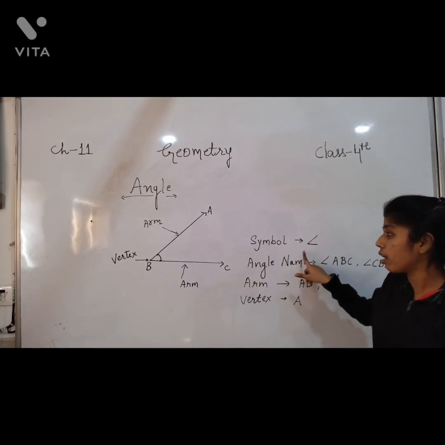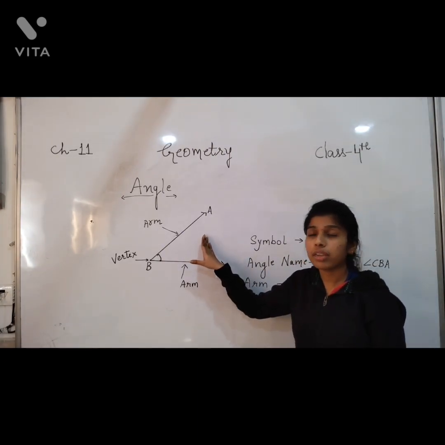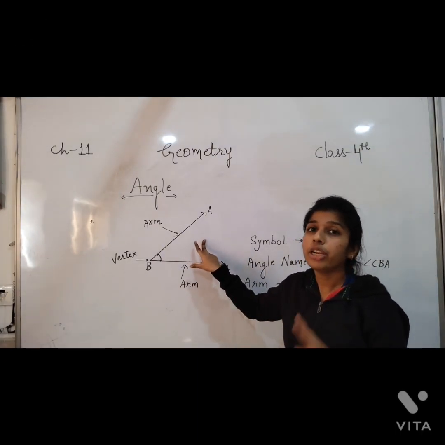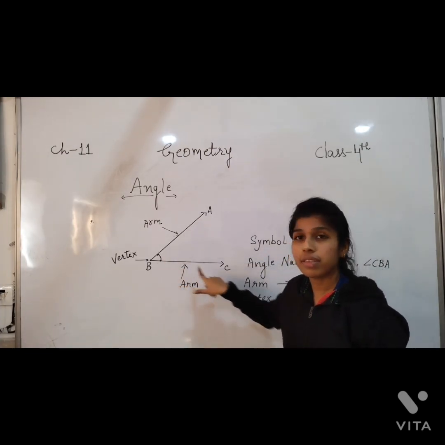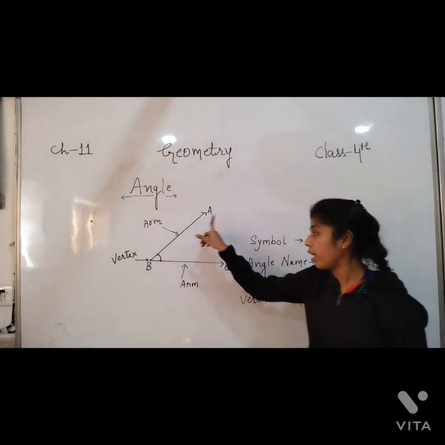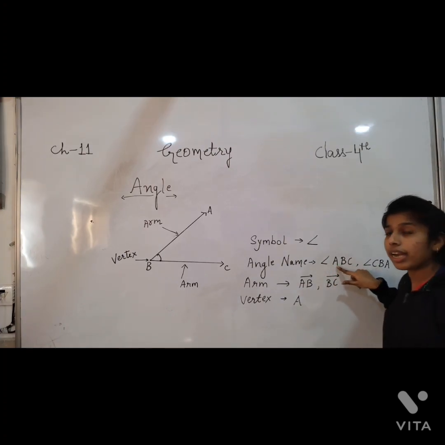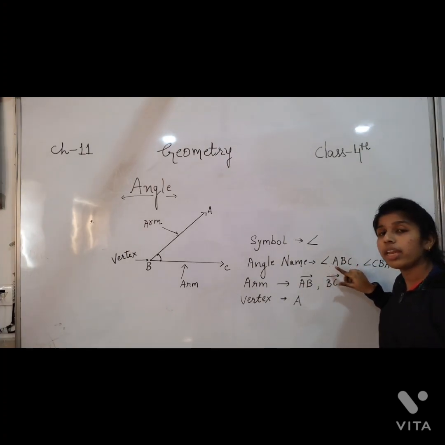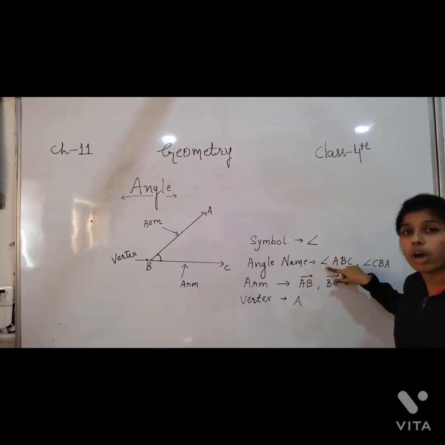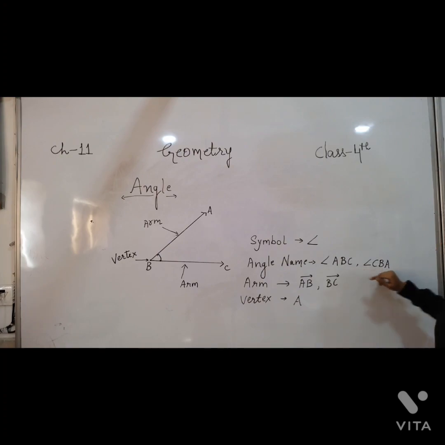Next, how to name the angles. We name the angle in two ways, that is angle ABC and angle BCA. As I write here, angle ABC. First of all, be clear class: when naming any angle, you draw the symbol first, then you write the alphabets. Second, CBA.